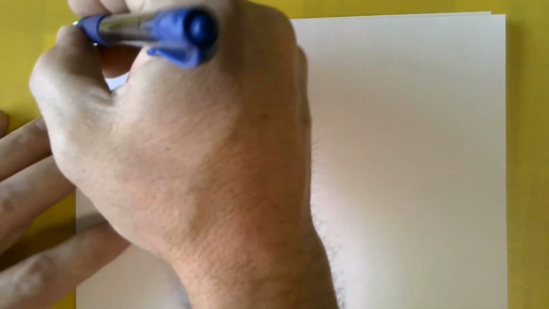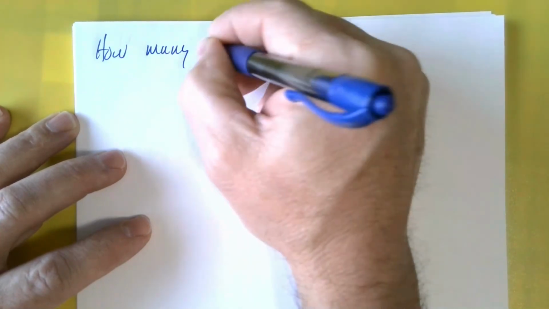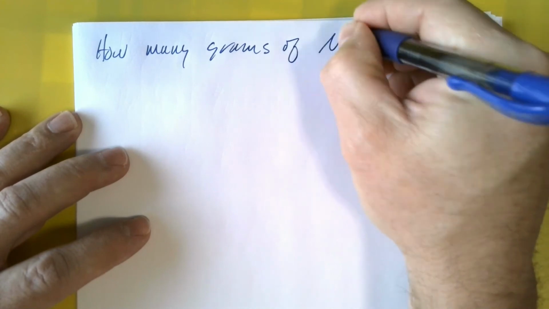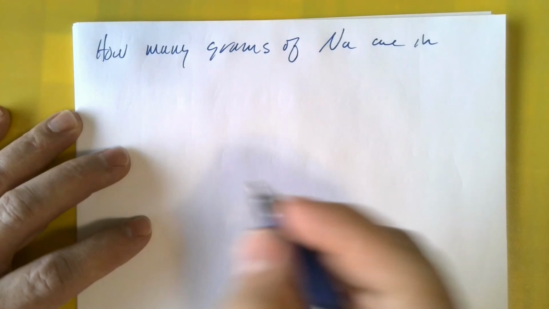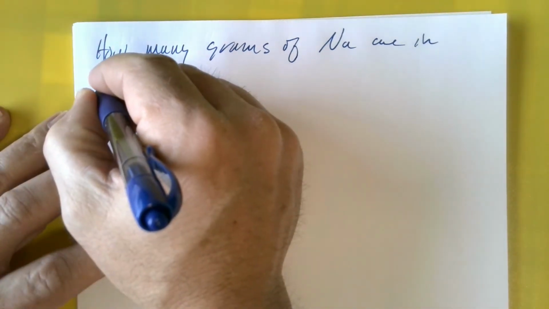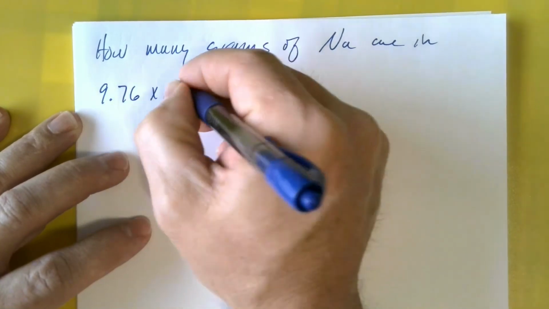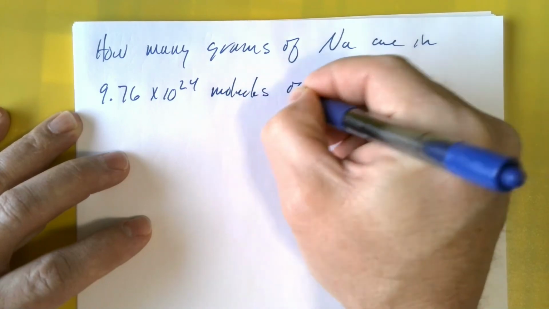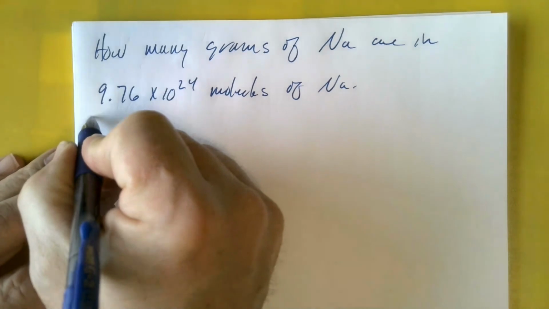So I'm going to say how many grams of sodium are in, let's go with 9.76 times 10 to the 24th molecules of sodium.